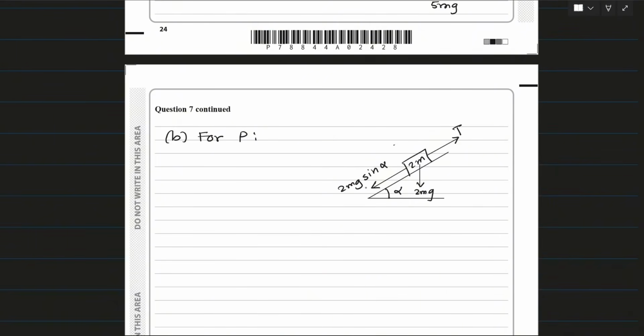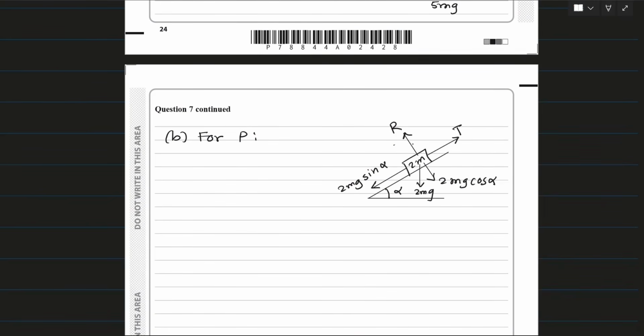The component parallel to the plane has a magnitude of 2mg sin alpha, and the component perpendicular to the plane is 2mg cos alpha. And there is also a reaction force that is acting upwards but perpendicular to the plane. So these are all the forces on our block P.